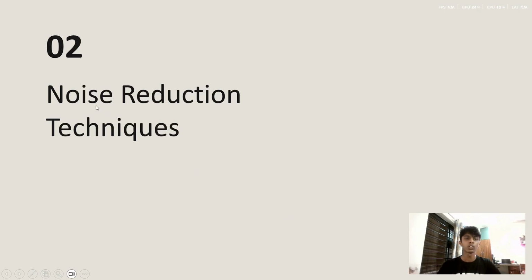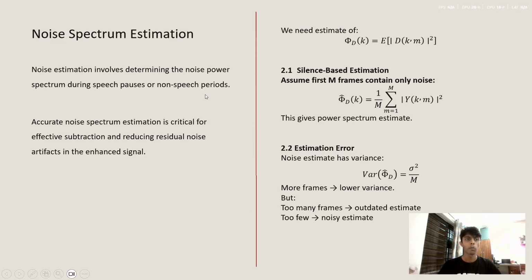Now we'll go to the noise reduction techniques. So first is the noise spectrum estimation. This involves determining the noise power, and it accurately estimates the frequency of the noise so that it's helpful to reduce the residual noise from the signal.